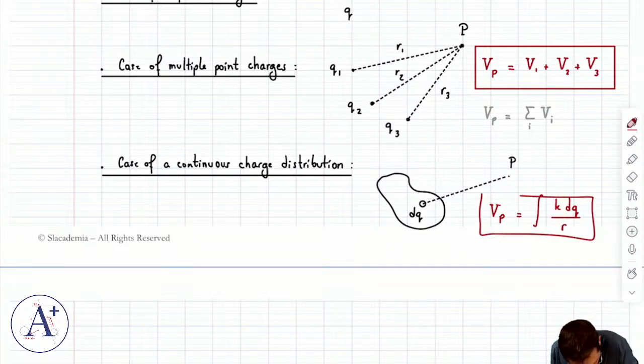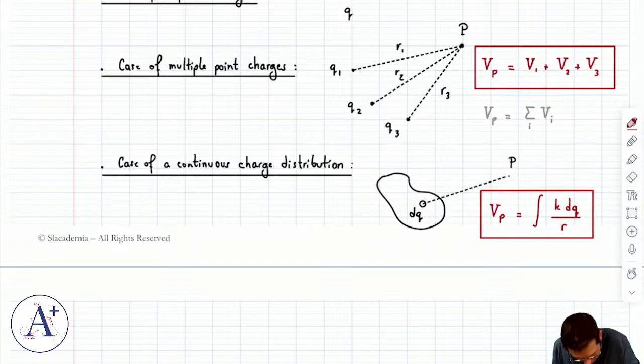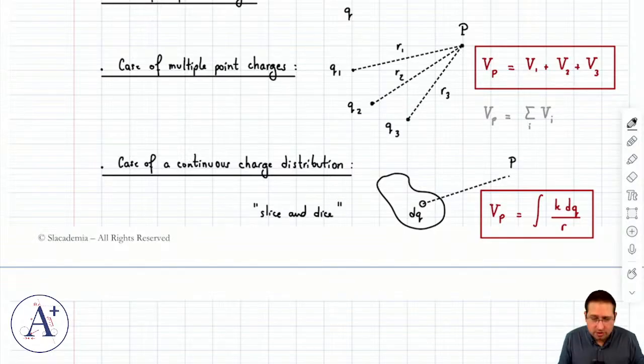over r. Now you might have to integrate just over one dimension if, let's say, it's a line of charge. Maybe you have to integrate over a surface if you have a disk of charge. Maybe you have to integrate over a volume. Depends, right? But this is known as slice and dice. Now we'll do a case of slice and dice at the very end of today's session.